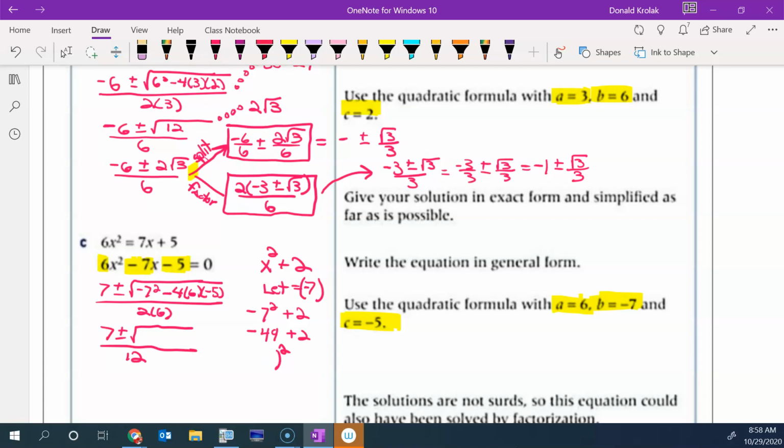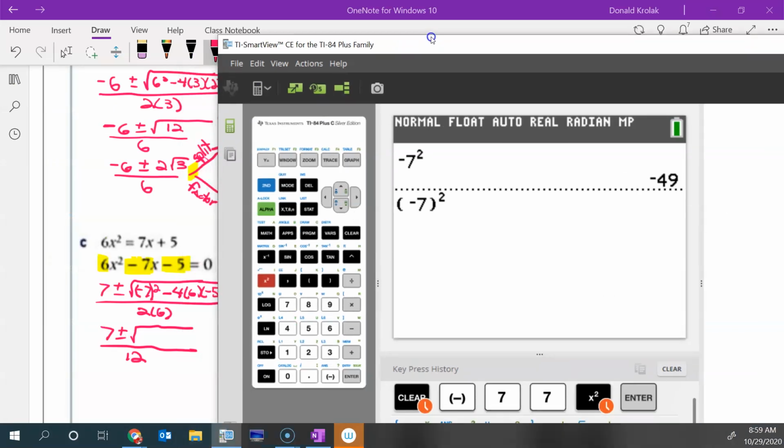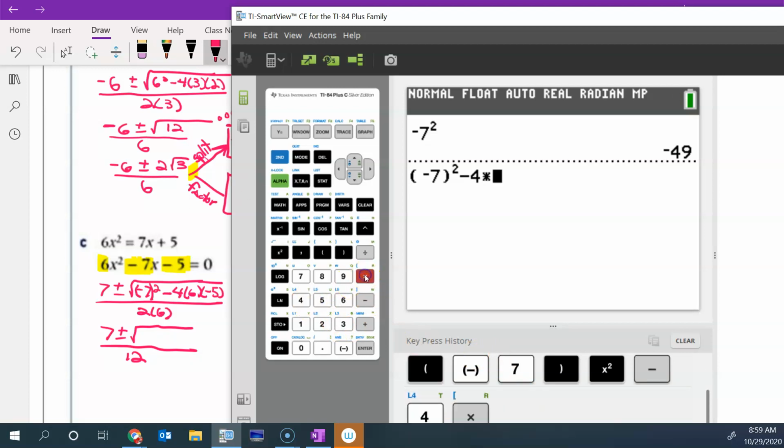Okay. The one thing you can do on the quadratic formula is just don't worry about the negative on that 7. Every time you plug this in, it's always going to be positive. But if I was doing this on my calculator, which most people do, or on my phone, I would have that minus 4 times 6 times -5.